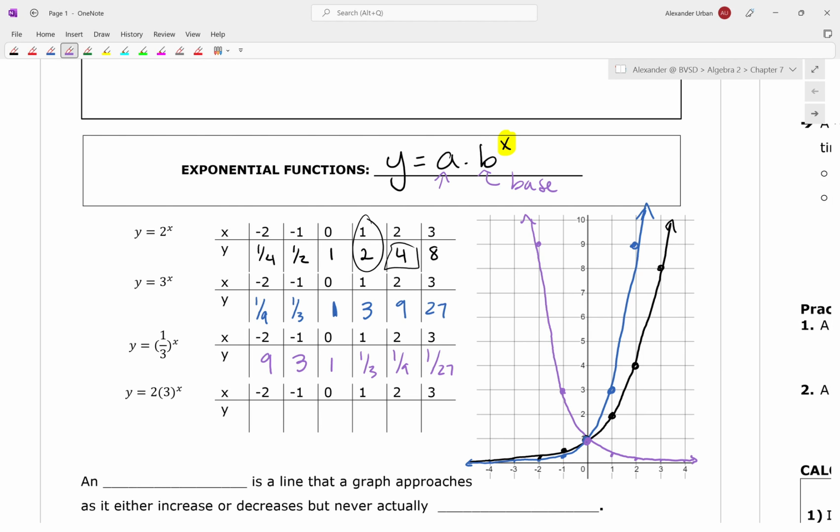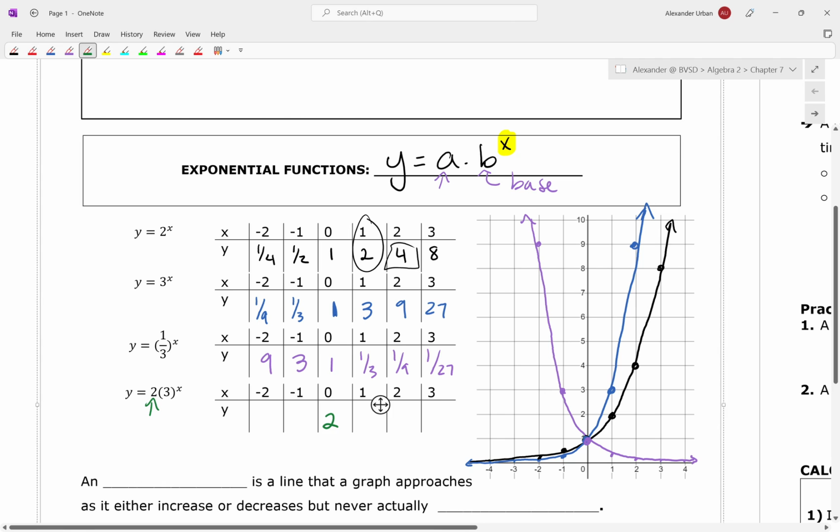So let's try the last one. Our last problem has an a value of 2, so whatever we put in, we have to multiply by 2. So 3 to the 0 power is 1, but 1 times 2 is 2. 3 to the first power is 3, times 2 is 6. And essentially, we're just doubling these values here. So 18, 54, 2/3, 2/9.